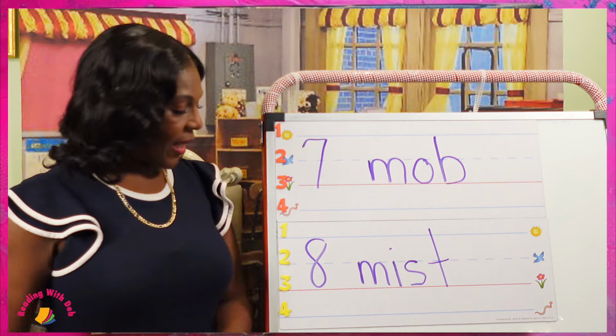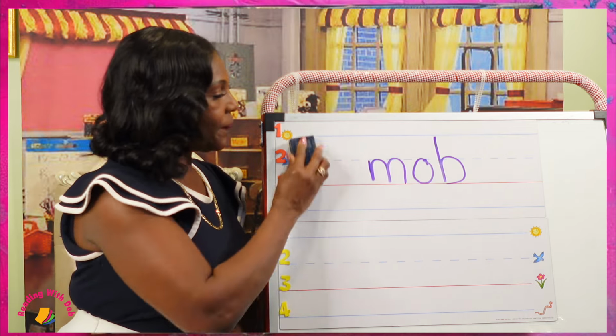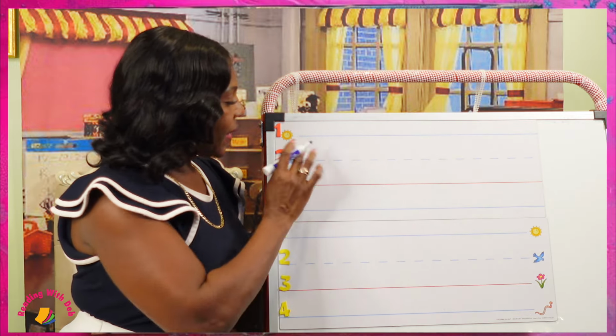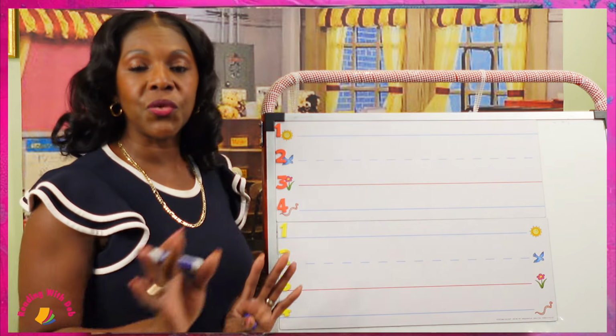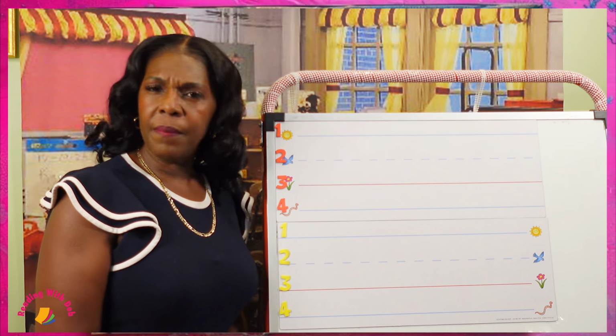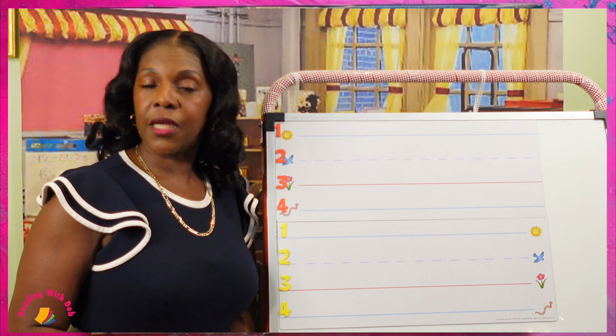Now, let's do numbers 9 and 10. Number 9, no, I will not write the number there because it's going to be a sentence, okay? Number 9, Tom has a job.